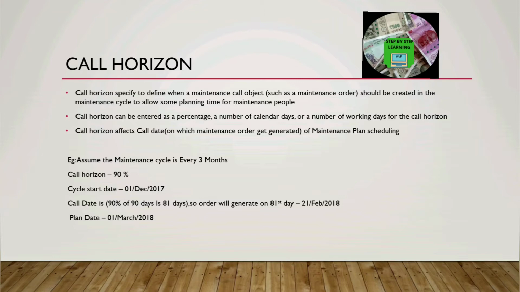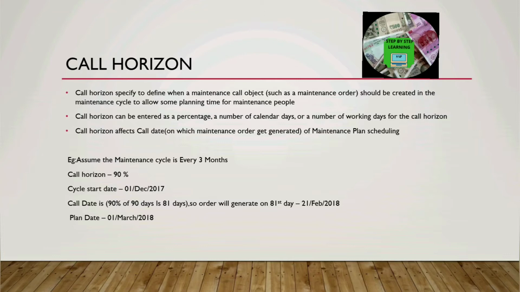Once the permit process and everything is done, and we get the clearance from the operations people, only then can we do some maintenance. So this needs scheduling and planning activities, and we need some time. The maintenance people always feel we need some time before the maintenance date, where we need to perform the maintenance. So this is the buffer time, and we need this time for planning activities.